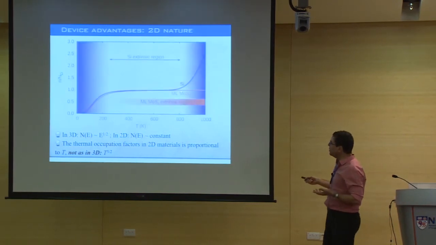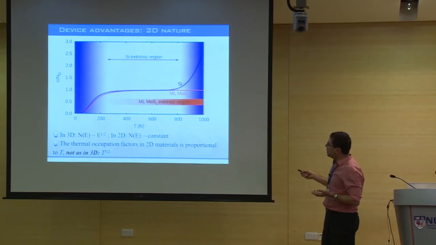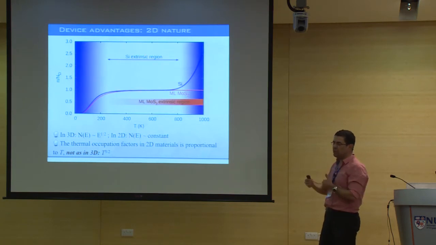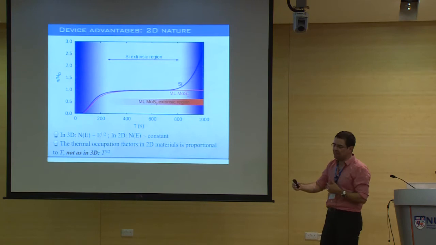The interesting thing is that if you look at the number of carriers in a semiconductor as a function of temperature, there is a region, this is for silicon, at which the concentration is constant with temperature. This is very important for the stability of the device.